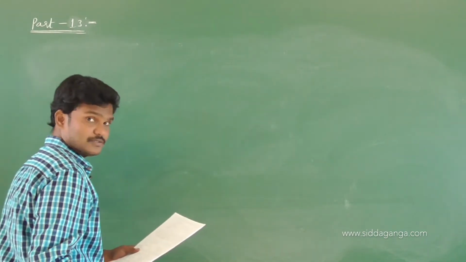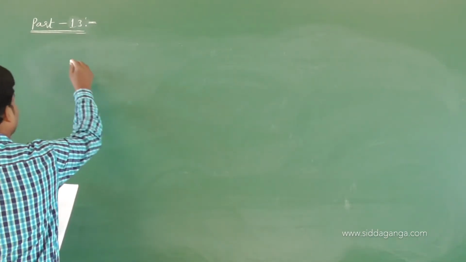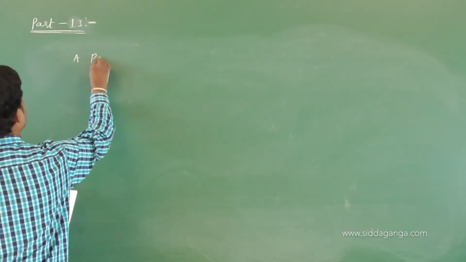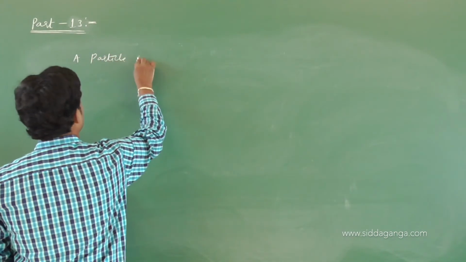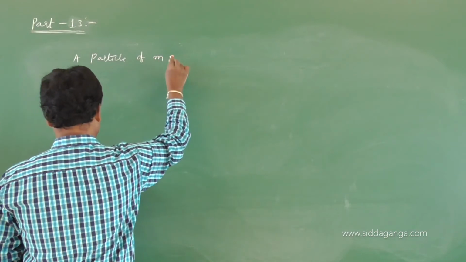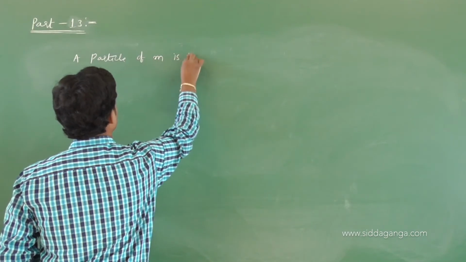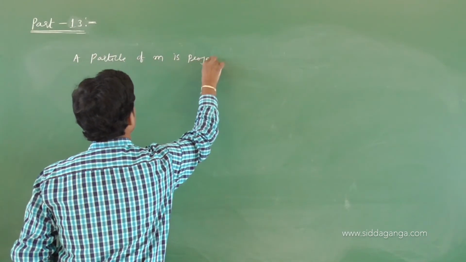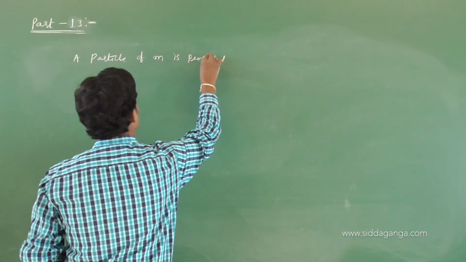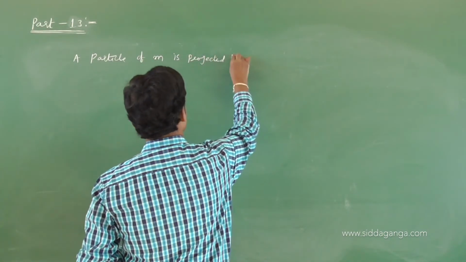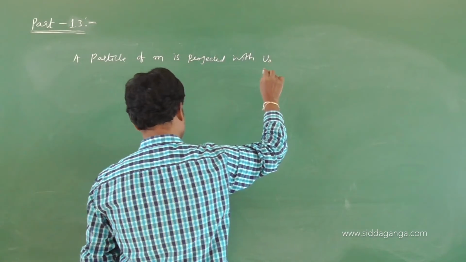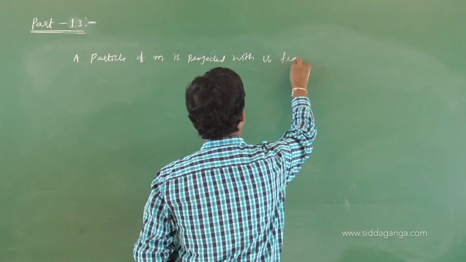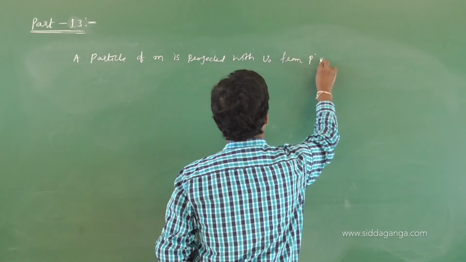A particle of mass m is projected with speed v naught from P as shown.